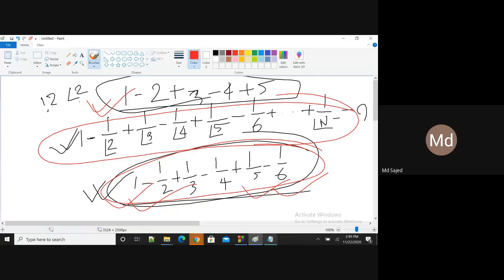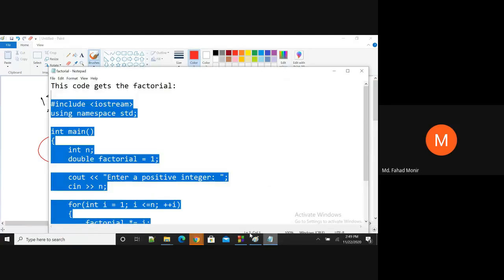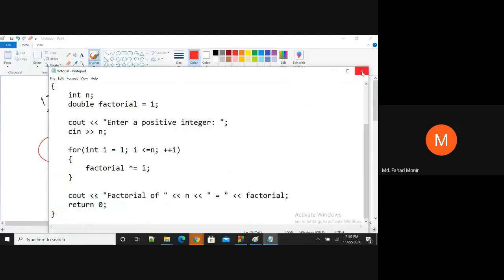Yes, sir. So all right, this was all related to the factorial.